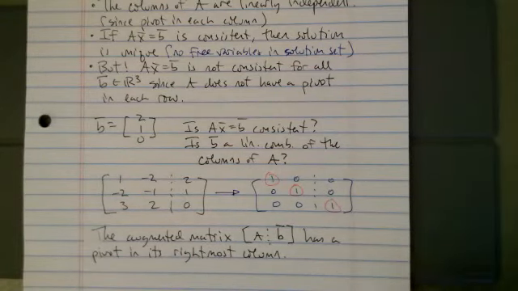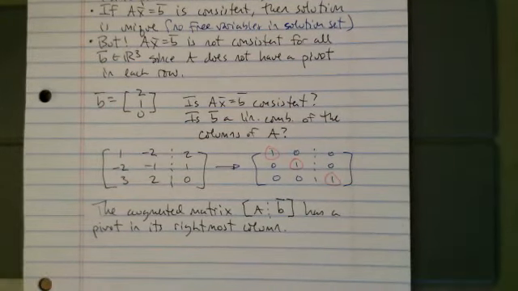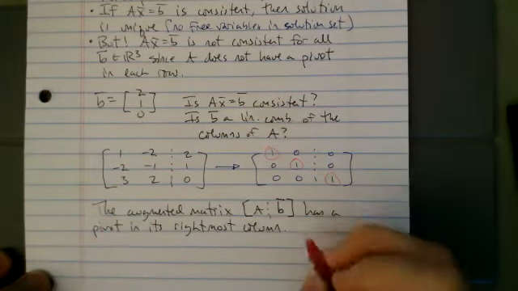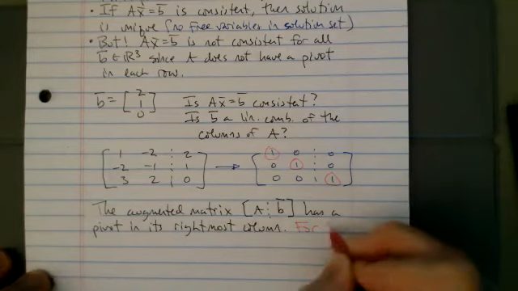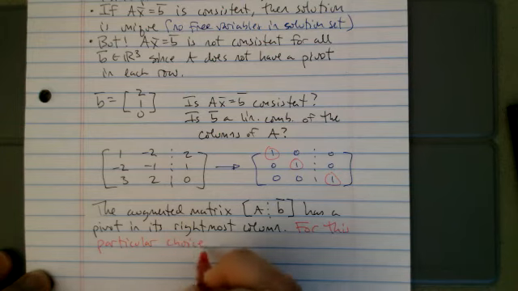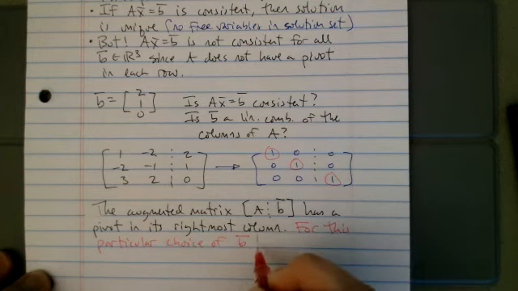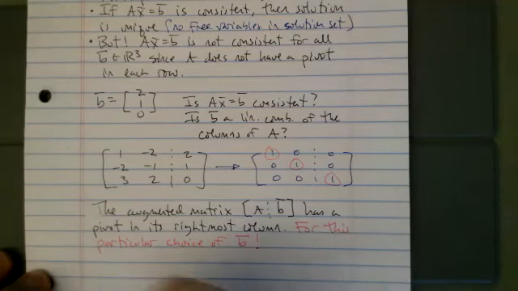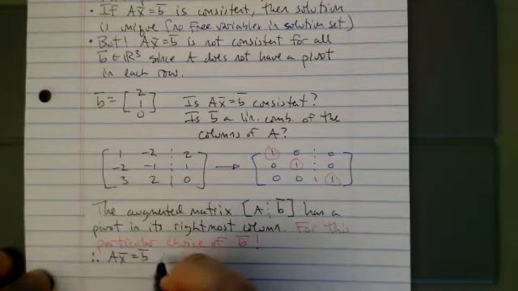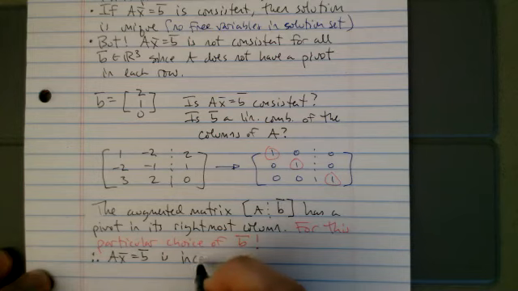Therefore, the equation AX equals B, this is for this particular choice of B, is inconsistent.